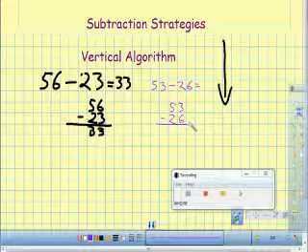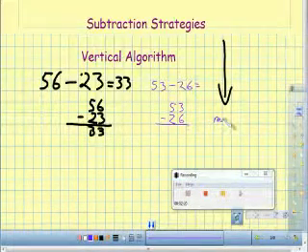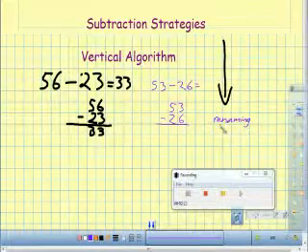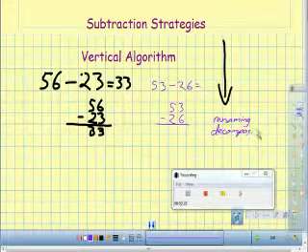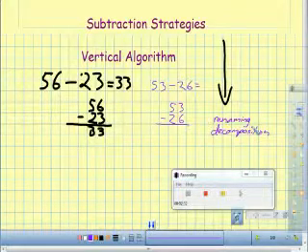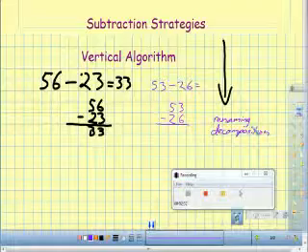So what I need to do here is a process that we call renaming. Another word for it is called decomposition. So I'm going to show you what decomposition really means. Let's take our number 53.